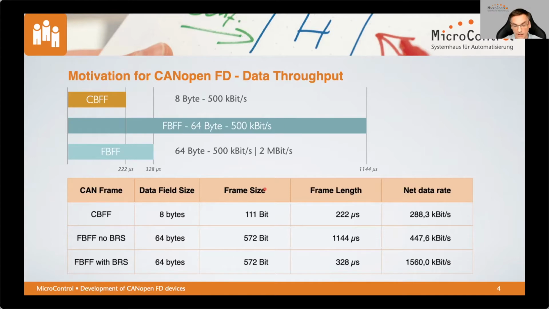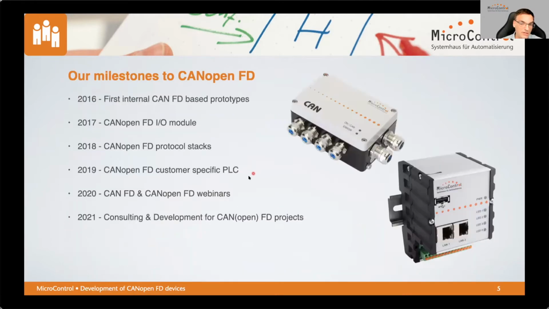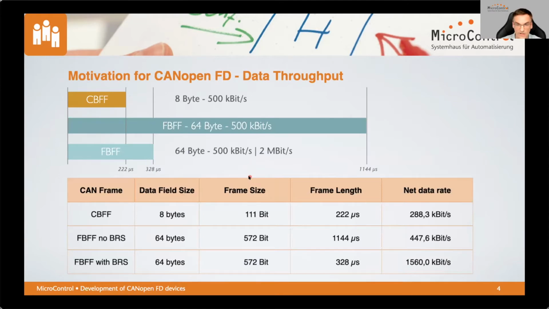But at the end of the day, your boss will ask you, well, why are you not using bitrate switching? Because that, again, improves the timing. If you're using the same frame format and a situation with running 500 kilobit and 2 megabit in a data bit rate, then you will see that the frame length is roughly about 328 microseconds, which leads to the net data rate of 1,560 kilobits per second.